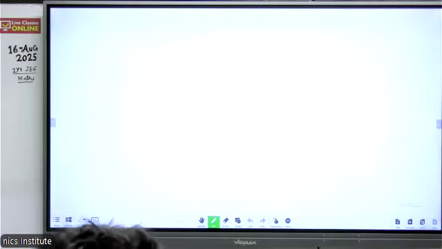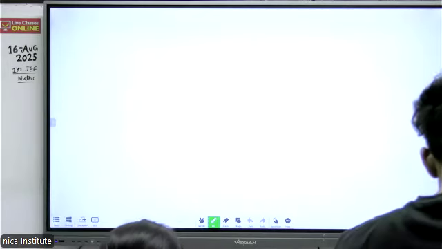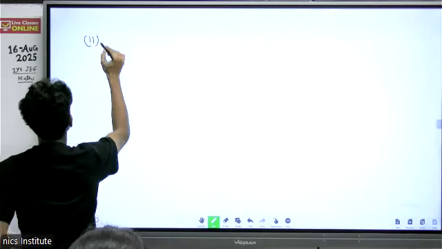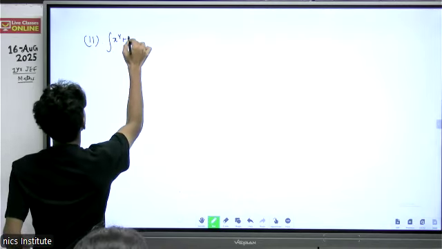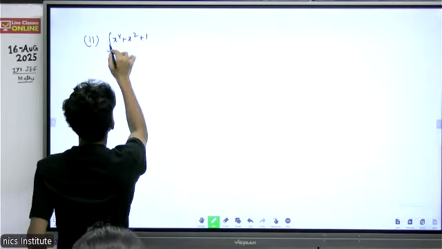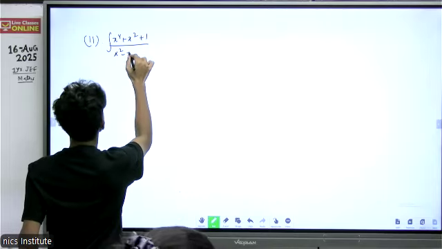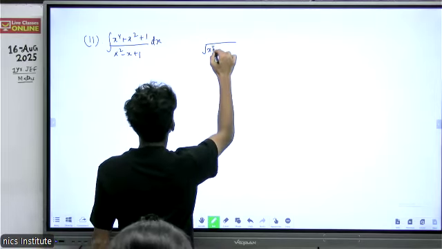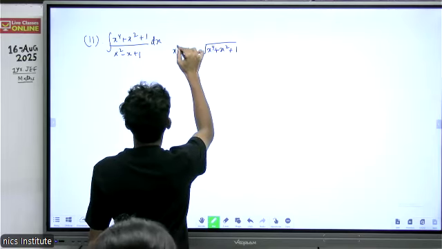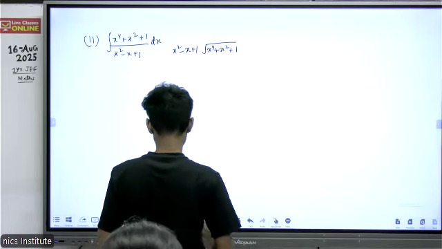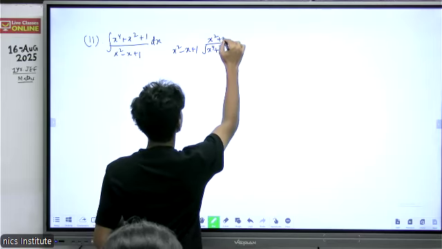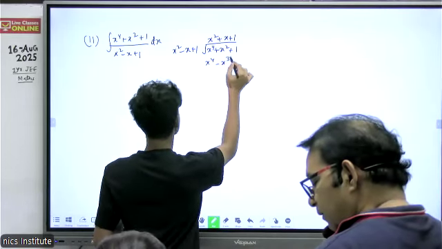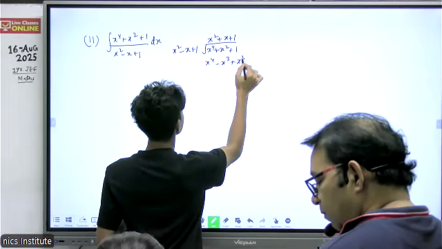In question 11, there are two ways of answering this question. Either you can add x square, subtract x square, make a perfect square, or you can do long division. इसका एक और मेथड है, x square add करो, x square subtract, so it'll become x to the power 4 plus 2x square plus 1 minus x square.